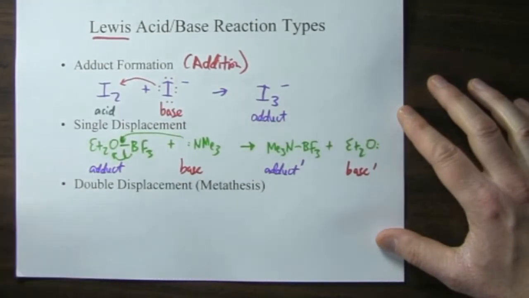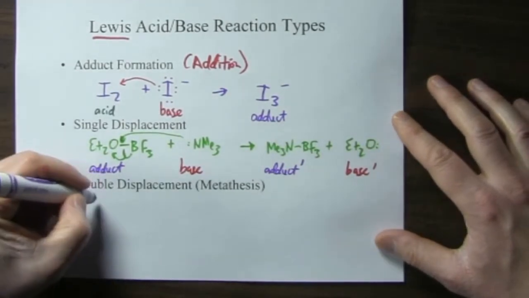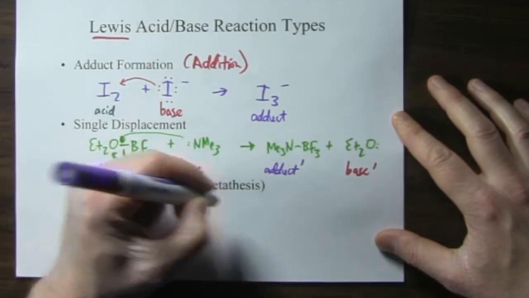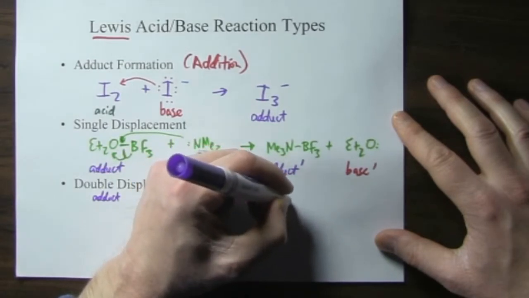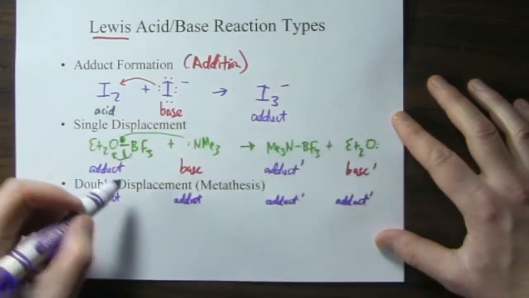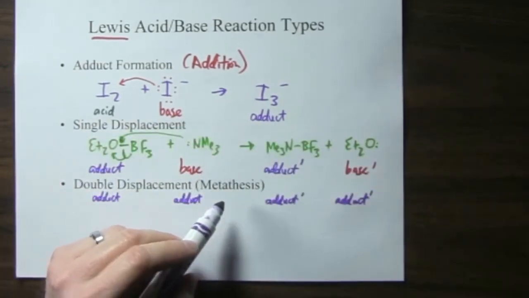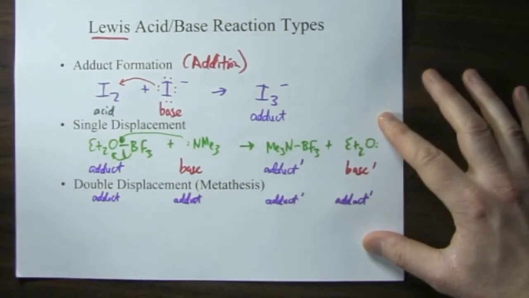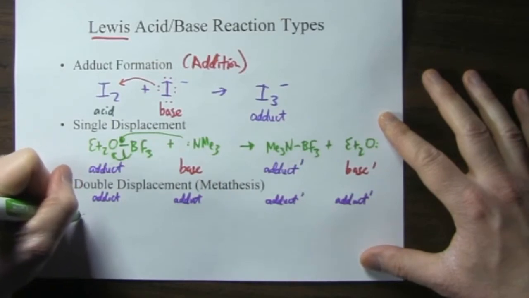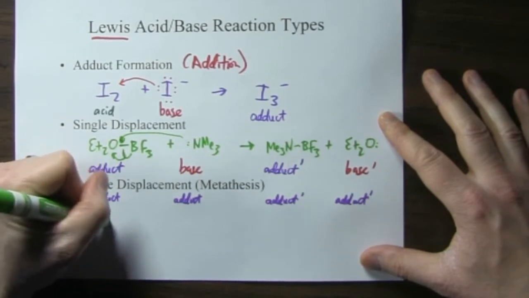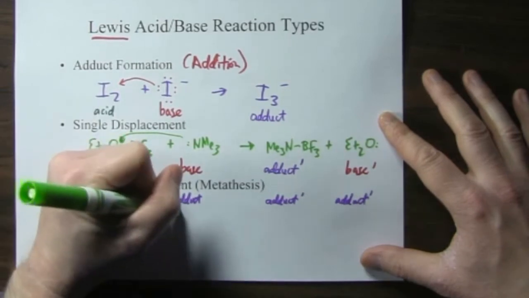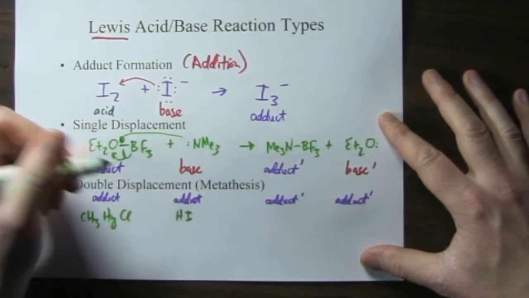Double displacement is when you have two adducts that react together to form two new adducts. Another definition of this is metathesis, or reordering, or it's like square dancing where you exchange partners. So for example, we could have methyl mercury, which is highly toxic, bound to chloride, and hydrogen iodide, which actually is an adduct.